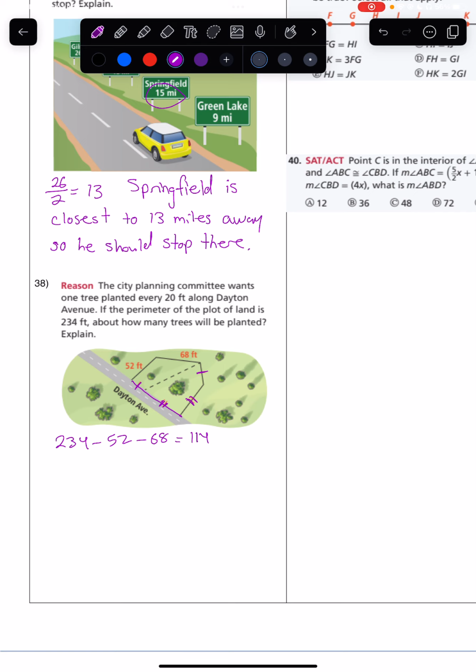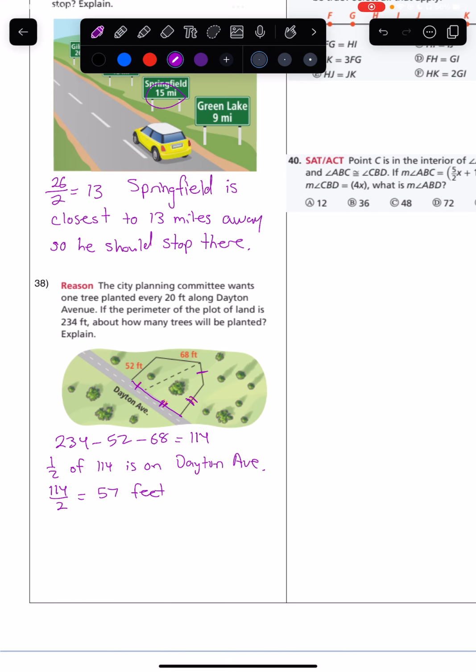And the rest of the perimeter is half of that 114 because it is 1 hash mark plus 2 hash marks. So half of 114 is on Dayton Avenue. So half of that, 114 divided by 2, is equal to 57 feet.